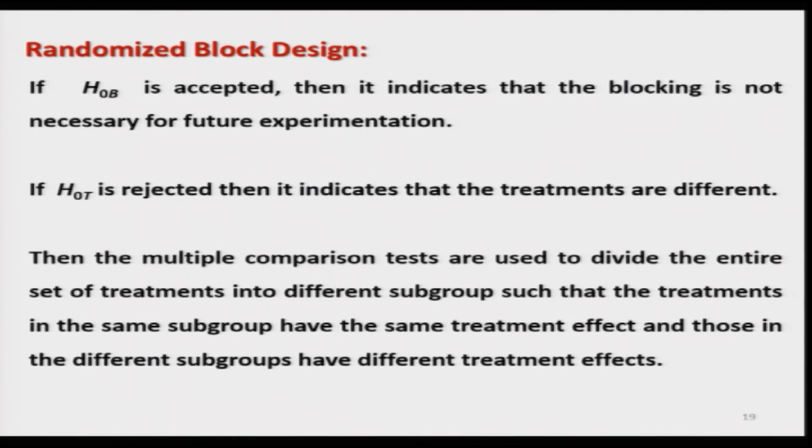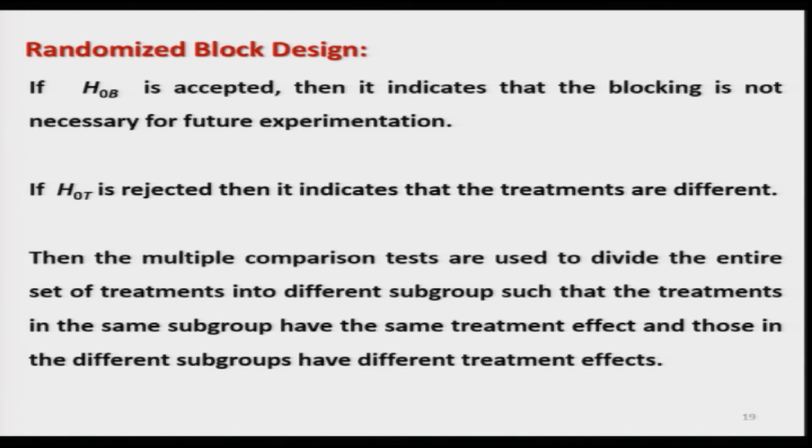Now, I try to address here a very simple issue which you have to understand. When you started the randomized block design, what was your basic objective? Your basic objective was to test the efficacy of the treatment effects. You wanted to, for example, test whether the 1 tablet, 2 tablet or 3 tablet have got the same effect or they have got different effects, right.